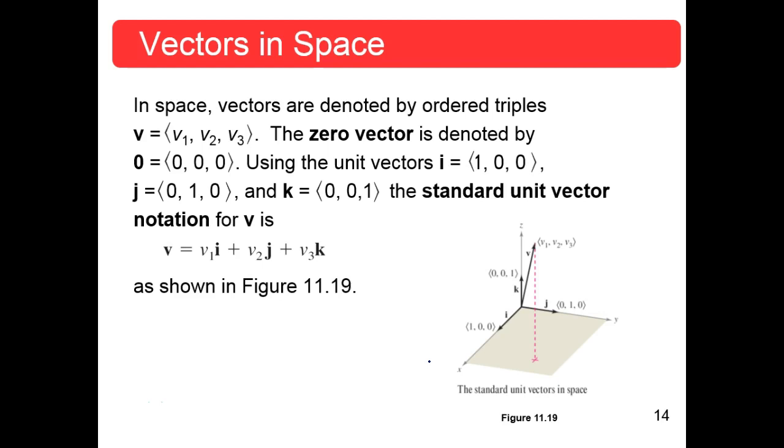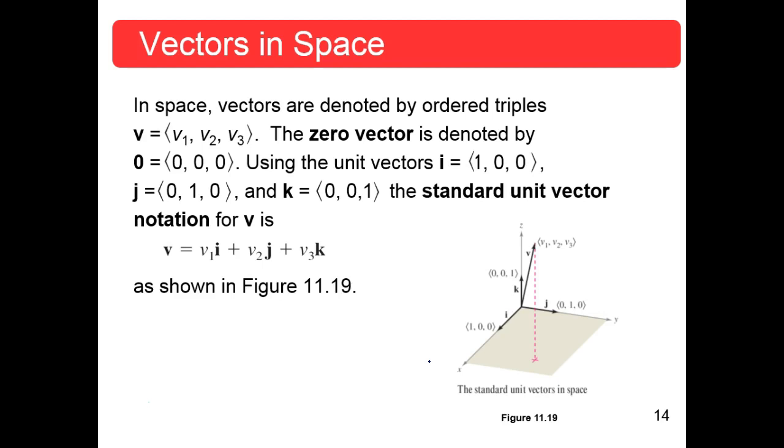Okay? And this is what, when I was growing up, we called component notation. So these are your components in each of the three directions. Nowadays, when they've added the angle bracket representation, that's what I call component notation.